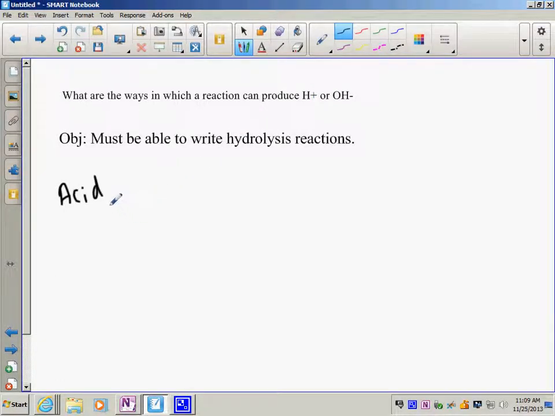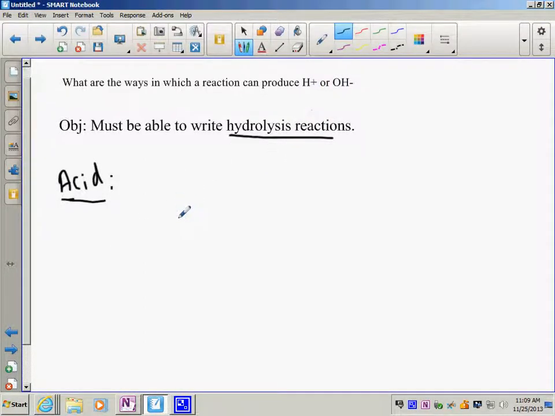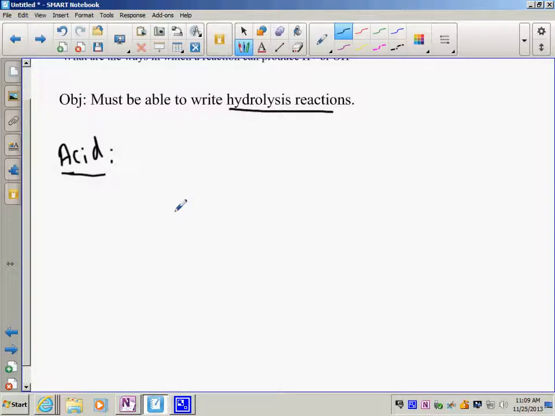So for an acid, okay, this is called a hydrolysis reaction. Acids and bases are different as to how we can actually make H pluses or hydroxides. So pay attention here as we move along. Really the only way to make an acid is for some sort of acid, I'm going to say generic HX, to react with water.